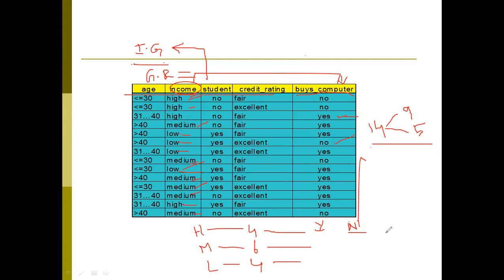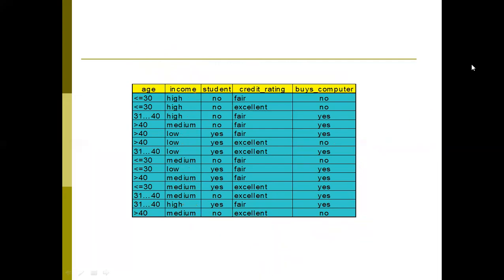So that's why right now I'm not going to calculate this. Already I have some values. Just remember these 3 values as well as these values. That's it. Okay, let us see where I have used 4, 6, 4 by calculating the gain ratio.